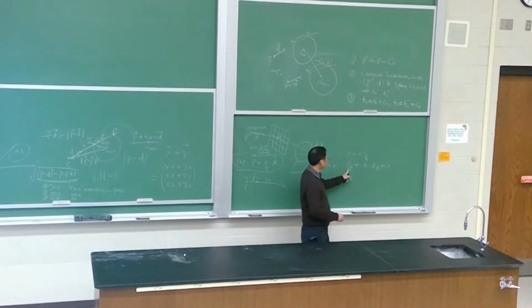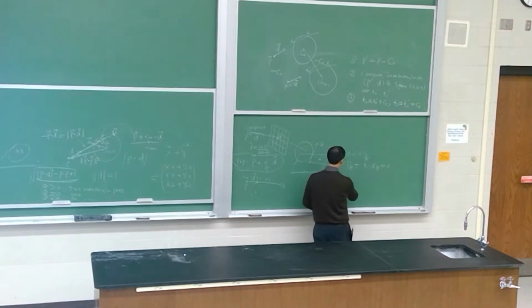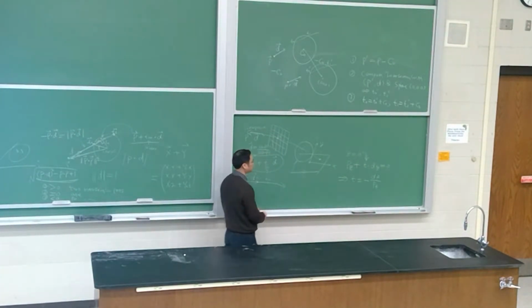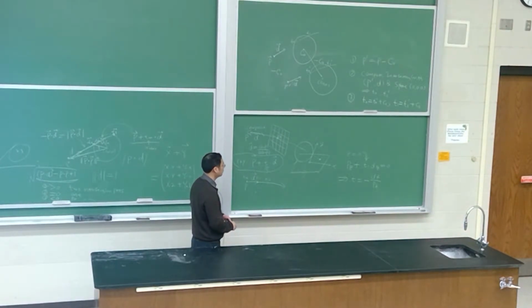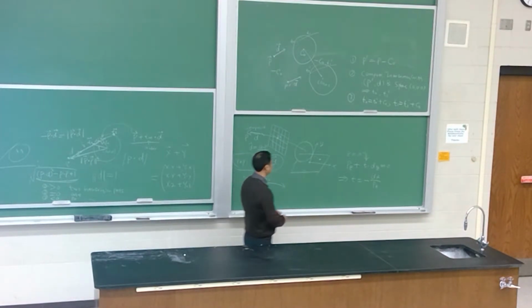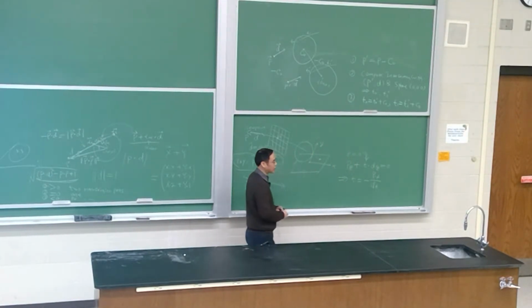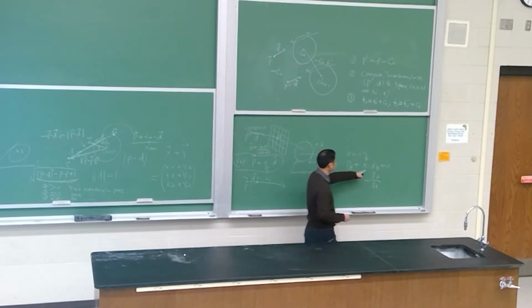Remember, P is given, so t equals minus Pz over Dz. Oops, the other way around: t equals minus Pz over Dz. So that's how we compute t.